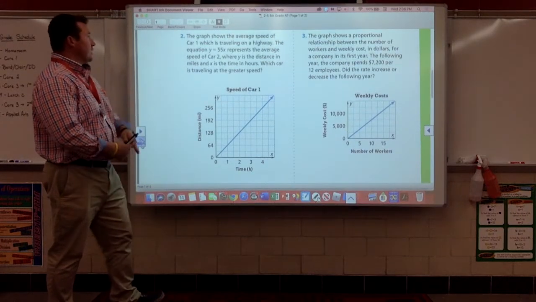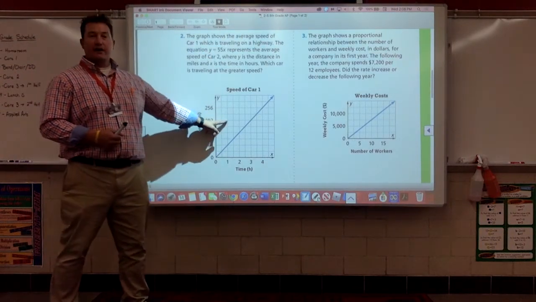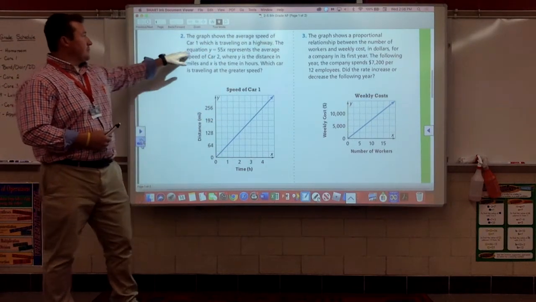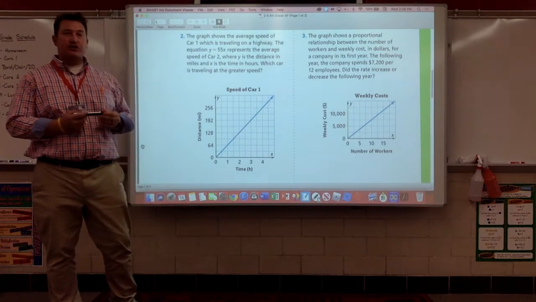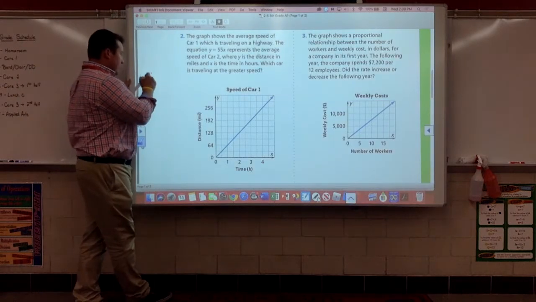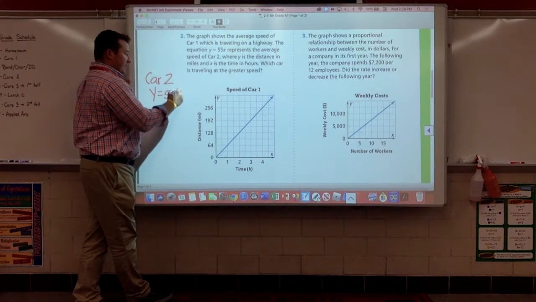That's right. Question 2. The graph shows the average speed of car number 1. Car number 1 right here. The equation y equals 55x represents the average speed of car number 2. So guys, car 2 is y equals 55x.